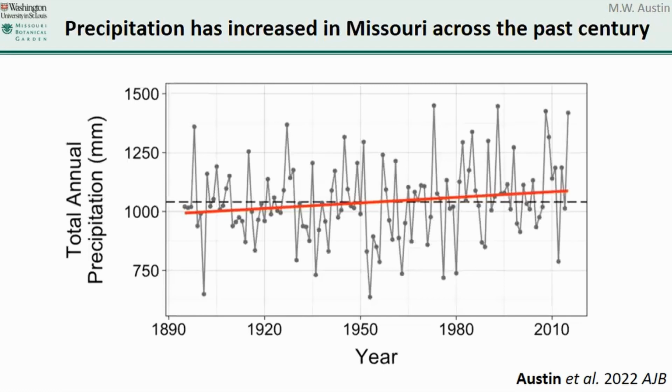Because Missouri has experienced an increase in total annual precipitation from 1875 to 2015, the results of the study are consistent with the hypothesis that as precipitation in Missouri has increased across the past century, greater water availability corresponds to greater relative production of outcrossing flowers relative to selfing flowers in the common blue violet.